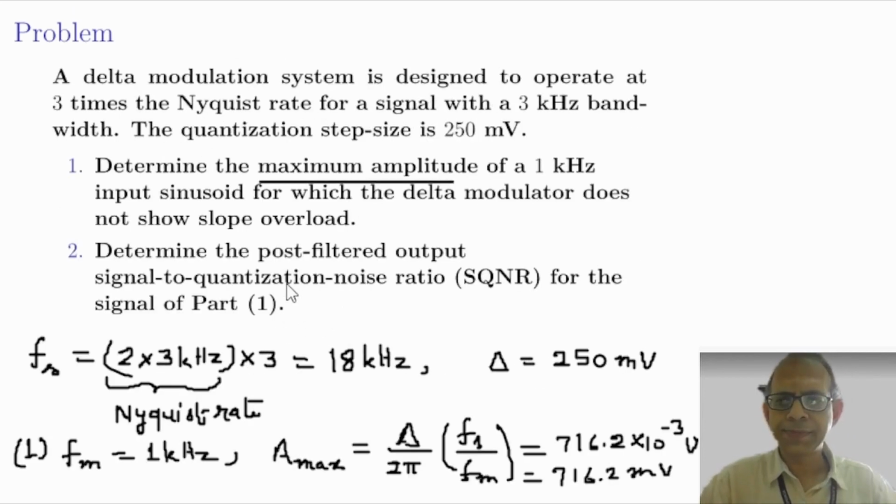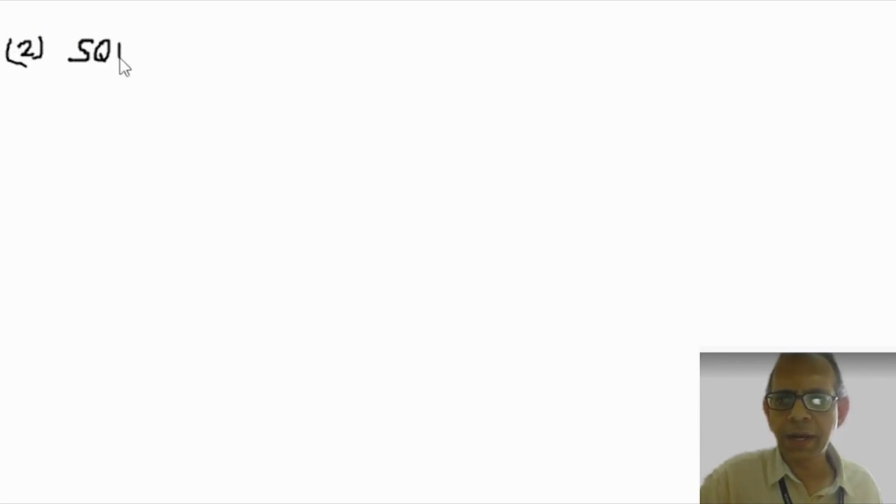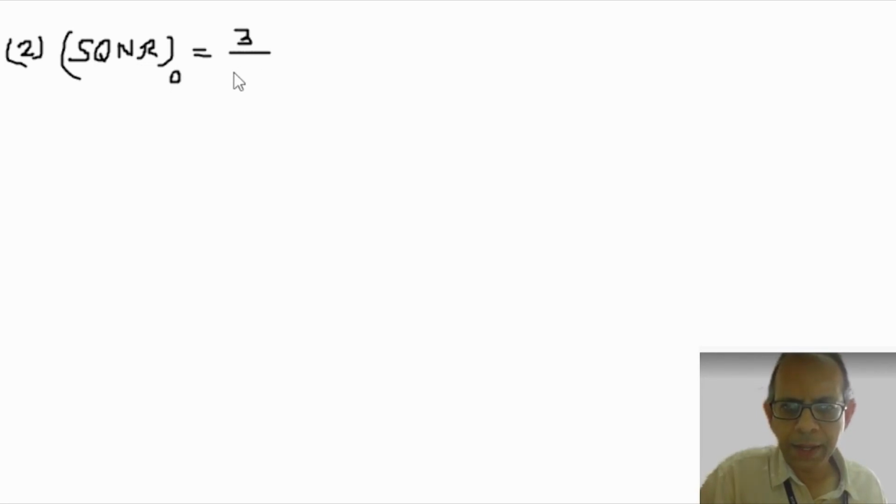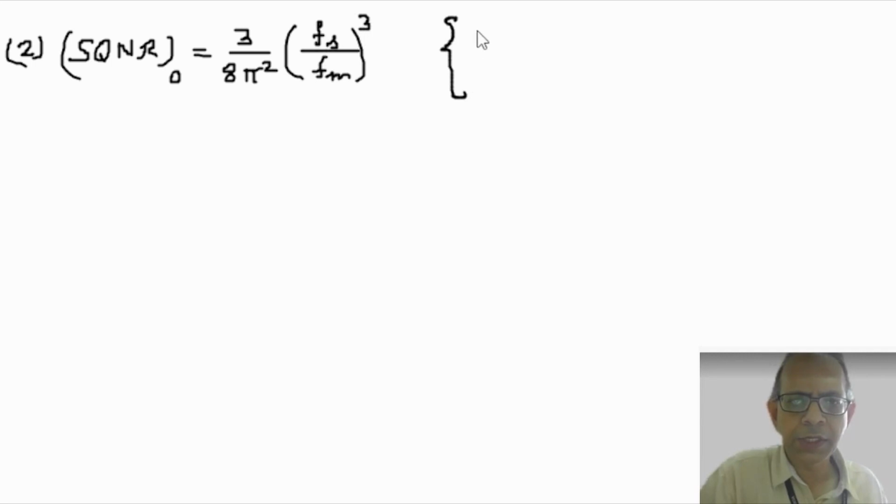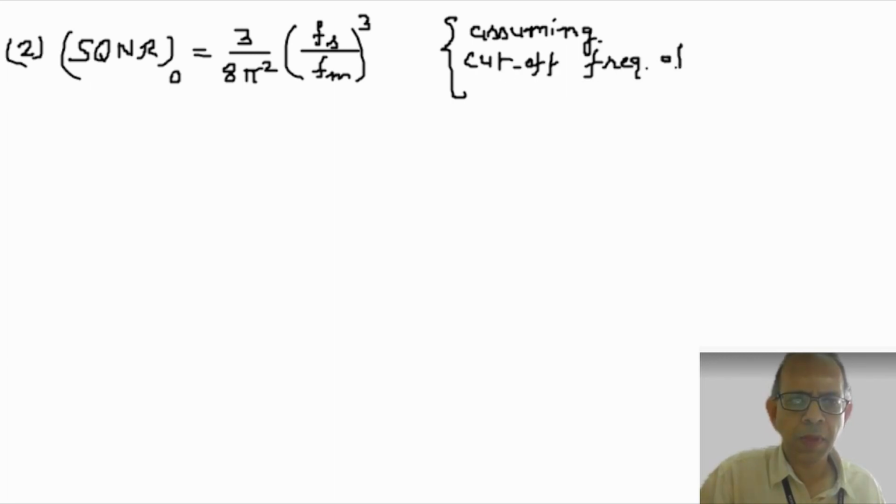Going by that, we can write SQNR at the output equal to 3 by 8 pi squared into Fs upon Fm whole cube, assuming the cutoff frequency of the output low pass filter F capital M equal to F small m.